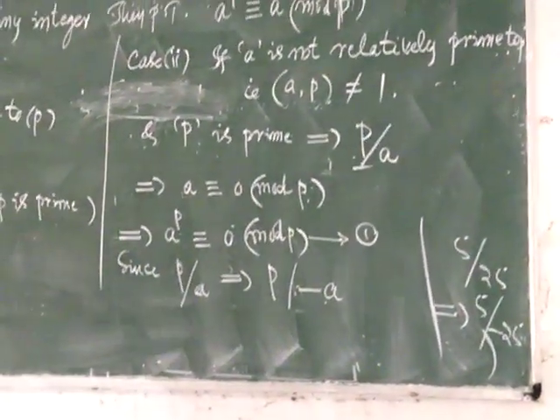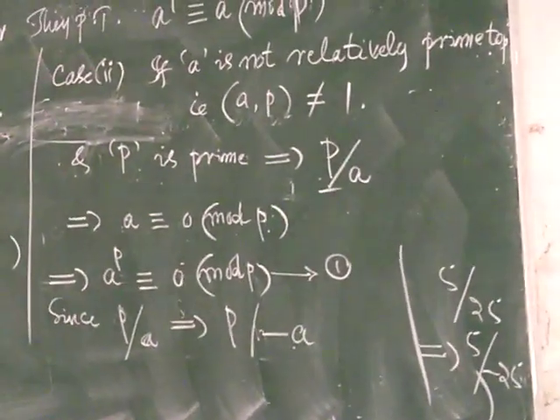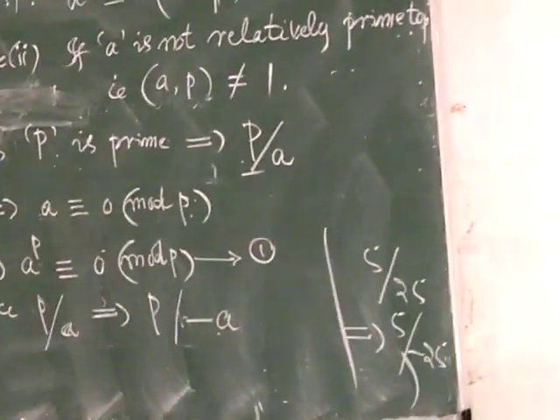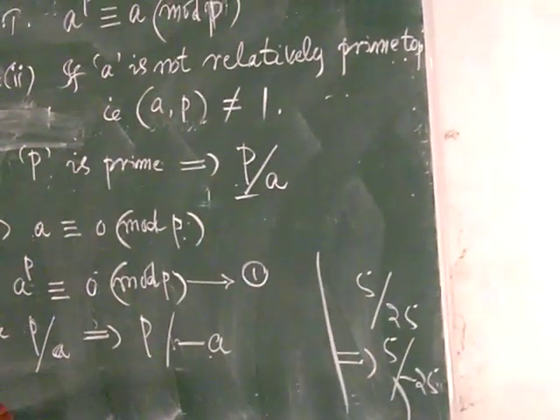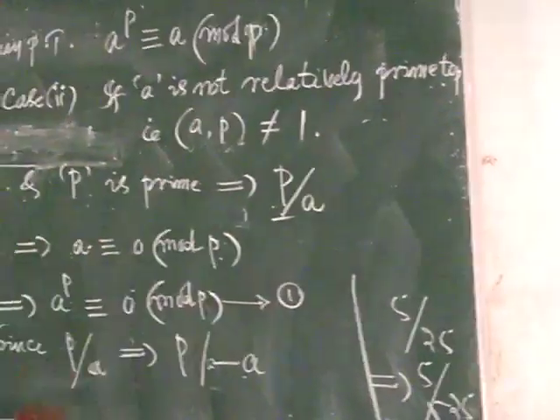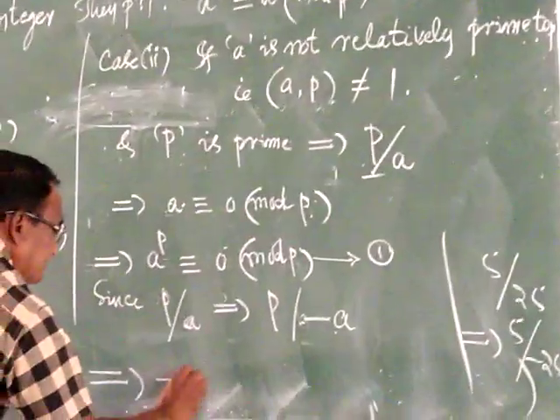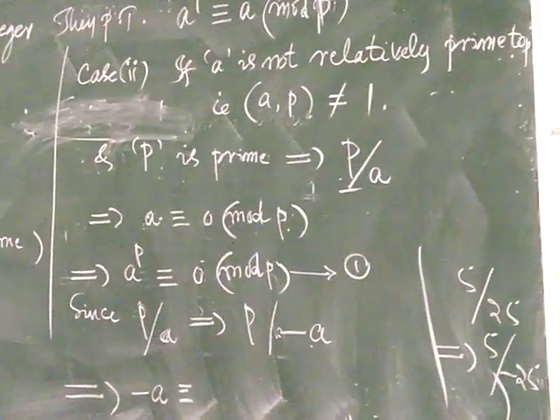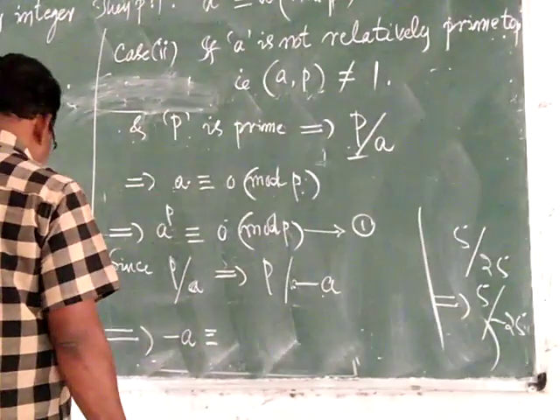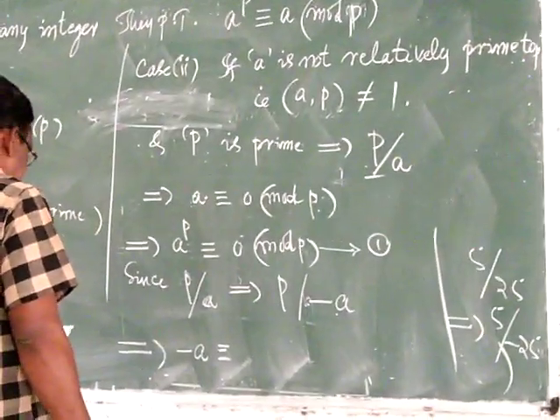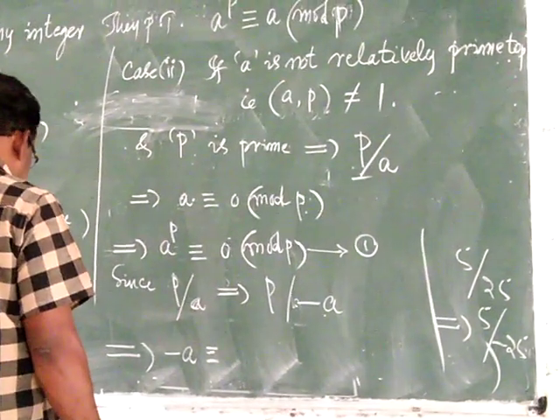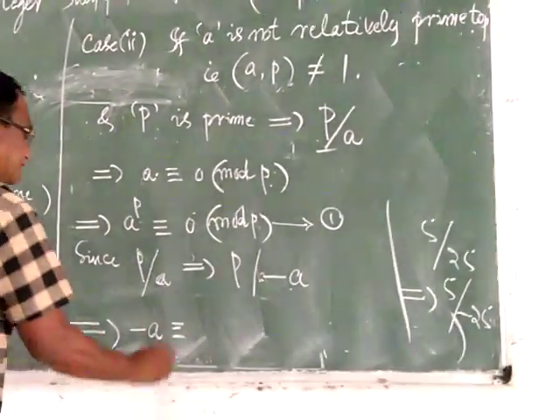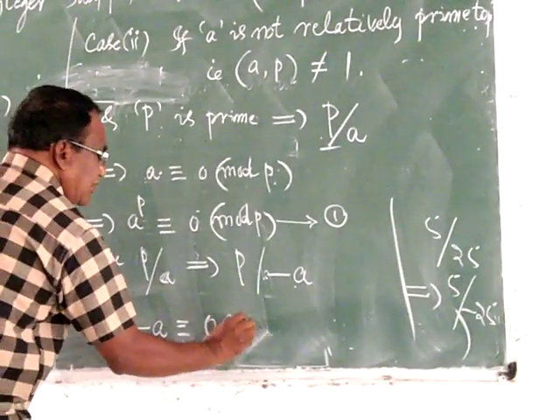Likewise, if P divides A, it implies that P divides minus A. Then, writing this in the congruence relation, minus A is congruent to what? Minus A is congruent to 0 mod P.